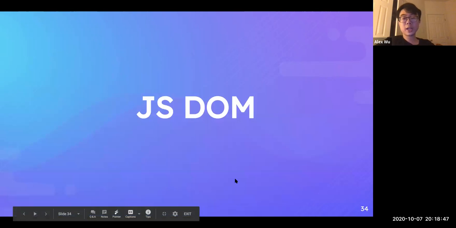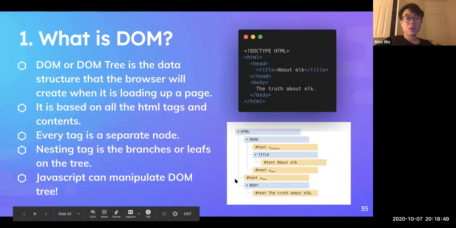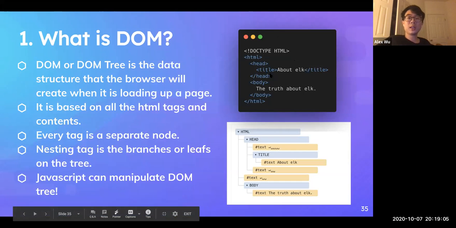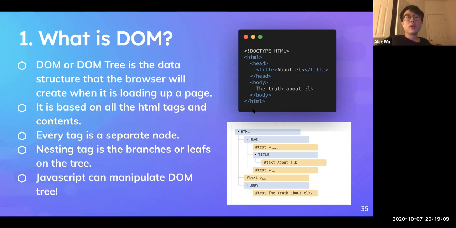Cool. So let's talk about JS DOM. First of all, what is DOM? DOM is a very important concept in web development. It's essentially a data structure that the browser will create when it's loading up a page. It's all the HTML tags within your HTML code, and also all of its content. When a web page is loaded, the browser will parse all the HTML tags into a tree-like structure.